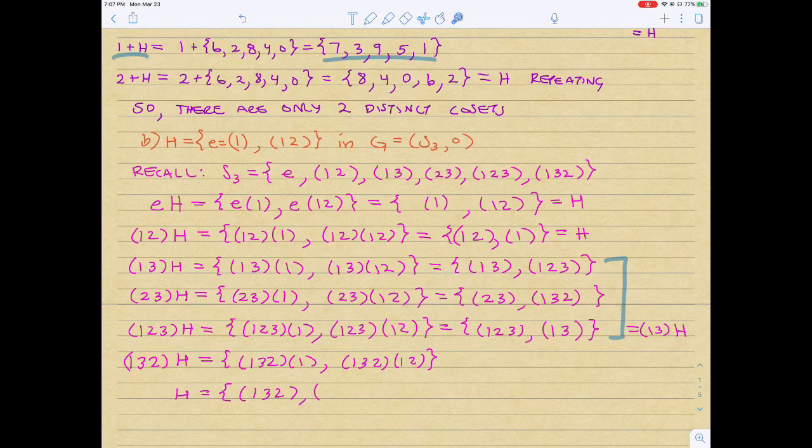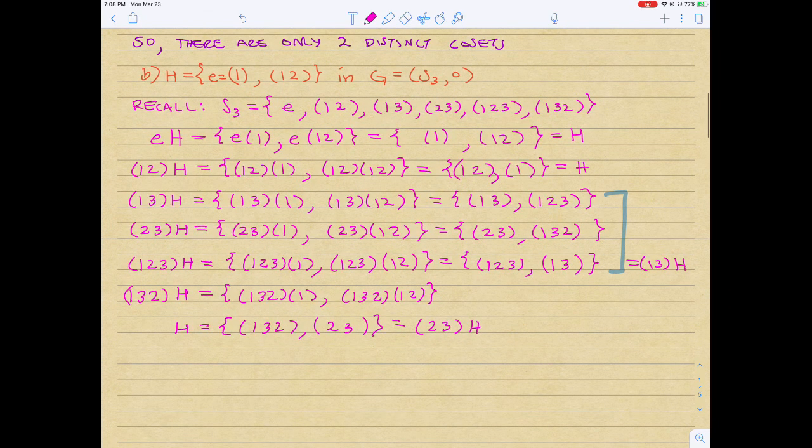Well, 1 goes to 2 and 2 goes to 1. So 1 is going to itself. So when it maps to itself, we can omit that, right? Then let's go with 2. 2 goes to 1 and 1 goes to 3. So (2 3), and then we can check that we don't have anything else. 3 goes to itself, and then 3 goes to 2. All right, so like you all probably figured out, we got back the left coset (2 3)H.